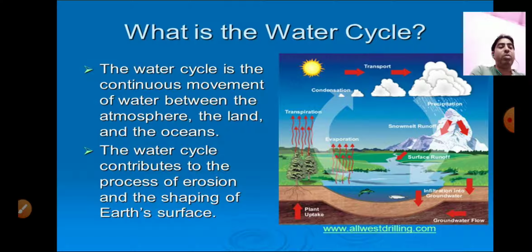A large amount of water vapor also enters the atmosphere through transpiration by plants, which is the loss of water from the leaf. The second point is the formation of clouds by condensation. Condensation plays an important role in the formation of clouds.